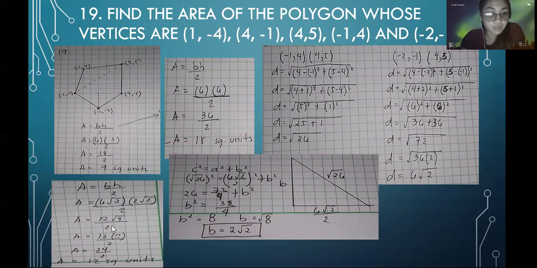Then square root of 4 is equals to 2. So 12 times 2 is equals to 24 over 2. So 24 over 2 is equals to 12. So the area of a polygon whose vertices are 1 and negative 4, 4 and negative 1, 4 and 5, negative 1 and 4, and at point negative 2 and negative 1 is 12 square units.